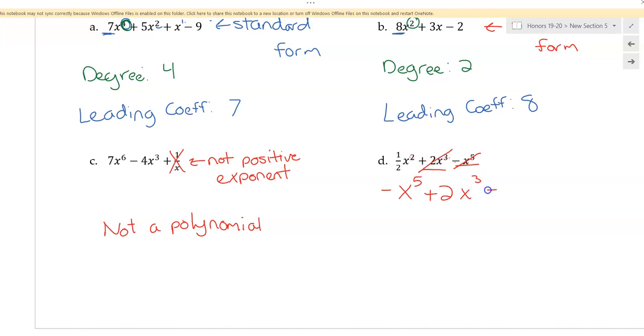Then x squared is my next largest exponent. Having a fraction as a coefficient is fine. It's not the same as 1 over x, right? Here, it's the exponent that's the problem. Here, this is fine. My exponent is 2. Okay, so just because there's a fraction doesn't mean it's not a polynomial. It's because the x is in the bottom that it's not a polynomial.